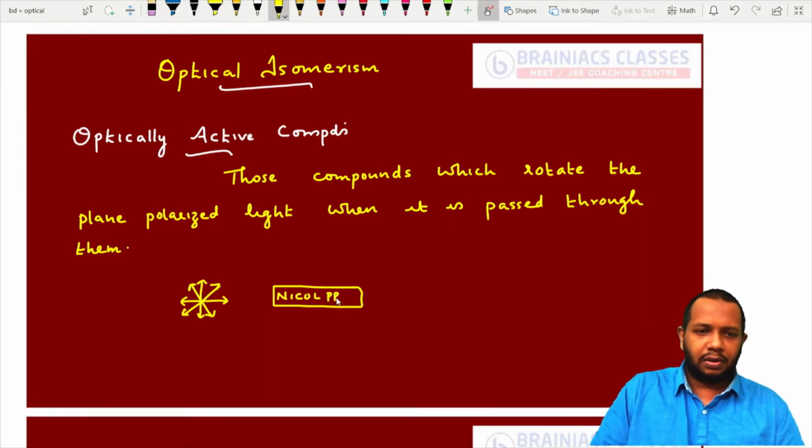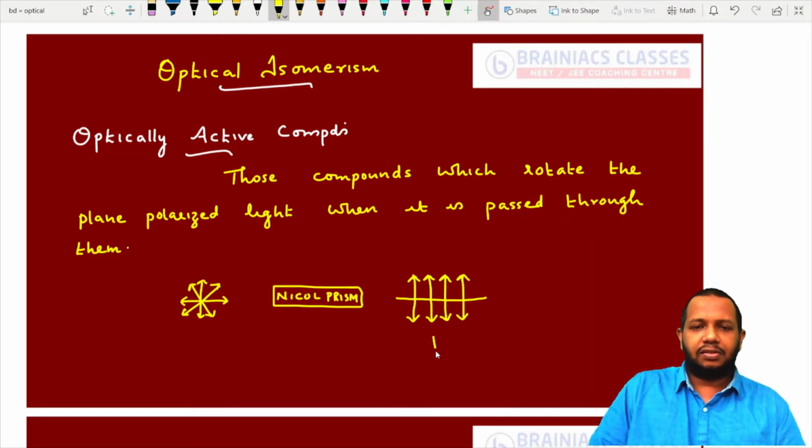When it is passed through the Nicol prism, the light will get aligned in one direction, let's say the vertical direction. This light, aligned in a single direction, is called PPL, or plane polarized light.